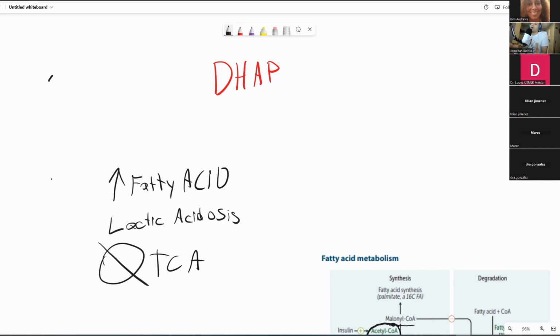Yes, these patients will have hypoglycemia. They cannot run the TCA cycle. And yes, not only are they increasing fatty acids, we're going to see right now this DHAP on the glycolysis. DHAP is going to basically become glycerol 3-phosphate.